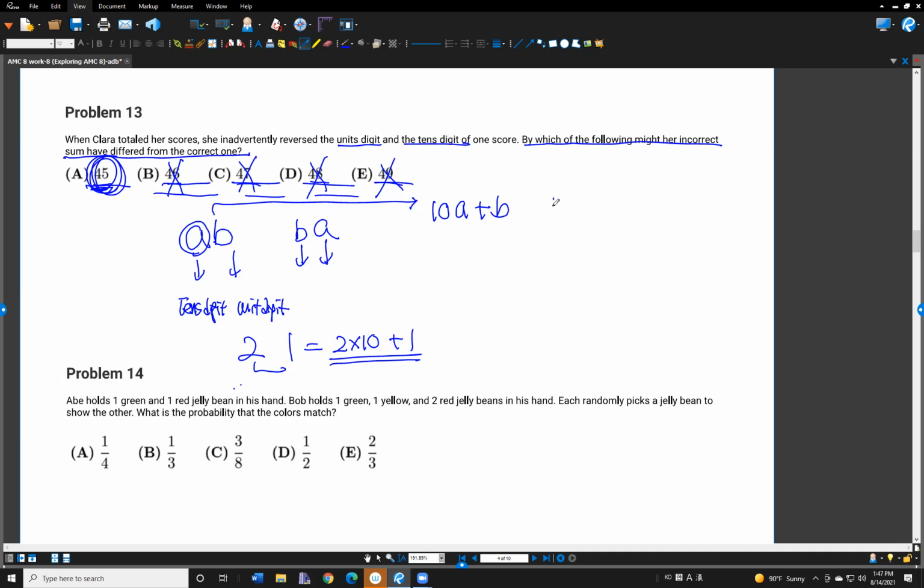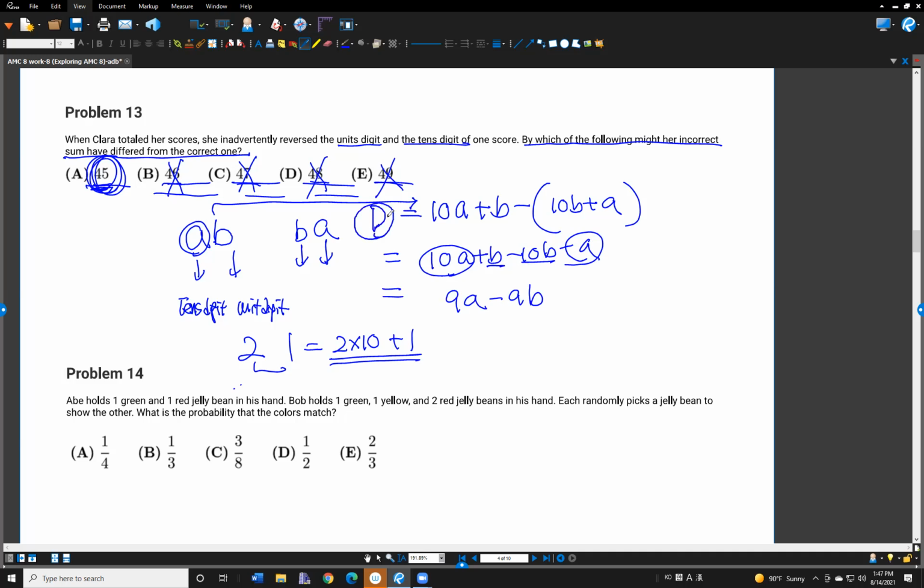The other number, how much? 10B plus A, isn't it? Subtract. What happened? 10A plus B minus 10B minus A. 10A minus A is 9A. B minus 10B is minus 9B. From here, we're going to find something else because this is the difference. The difference looks like this form. 9 is common.